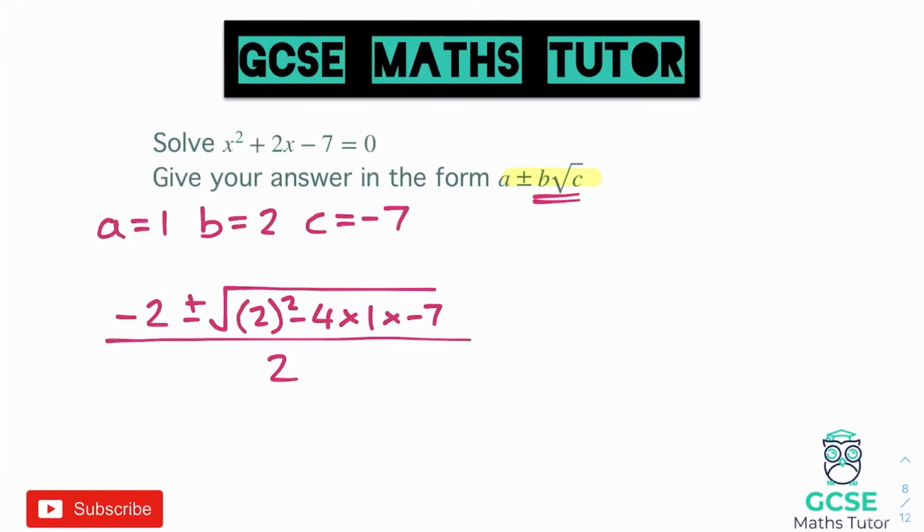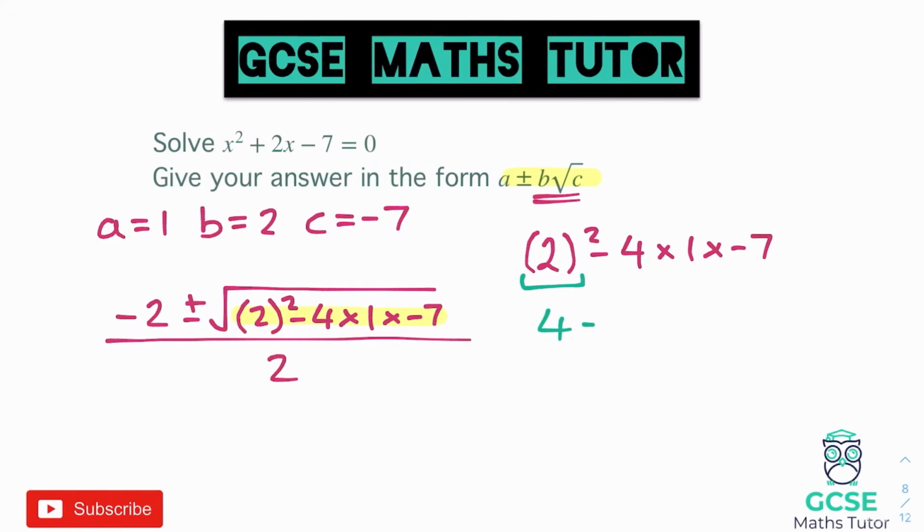Now, obviously we don't have a calculator, so we're going to take the bit under the square root and simplify all of that. Let's think about what that simplifies down to. If I write this to the side, we'll get rid of it in a sec, but we've got 2 squared minus 4 times 1 times negative 7. For starters, 2 squared is 4.